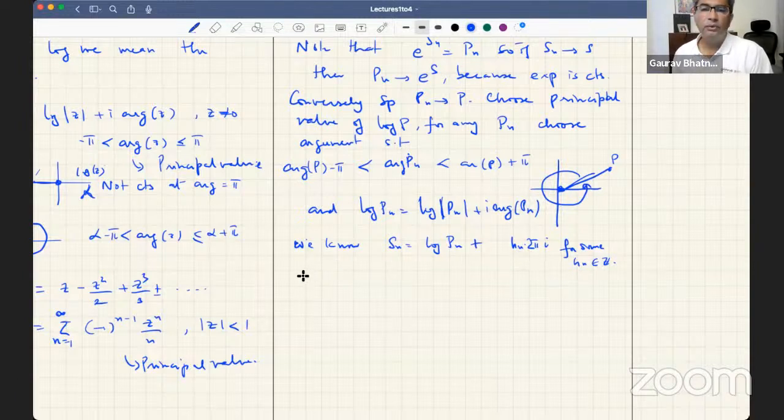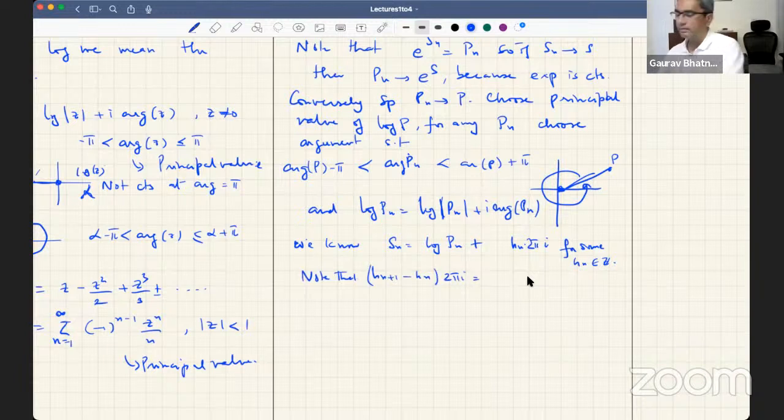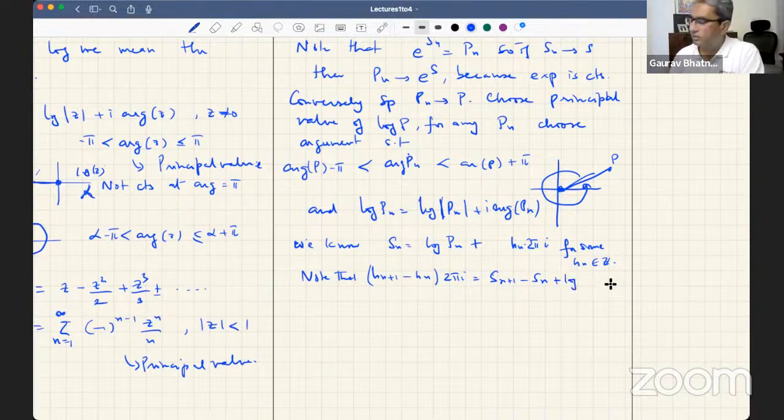So we note that (h_{n+1} minus h_n) times 2 pi i is equal to S_{n+1} minus S_n plus log P_n minus log P_{n+1}.